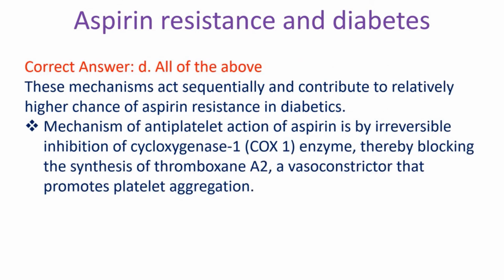These mechanisms act sequentially and contribute to a relatively higher chance of aspirin resistance in diabetics. Mechanism of antiplatelet action of aspirin is by irreversible inhibition of the COX-1 enzyme, thereby blocking the synthesis of thromboxane A2, a vasoconstrictor that promotes platelet aggregation.